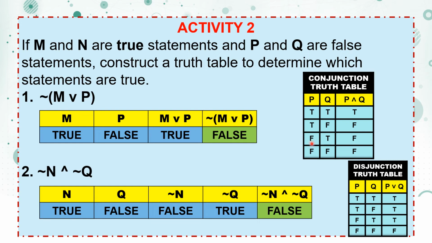And then, yung not Q natin is true. So, false, true. Ang sagot ay false. So, not N and not Q is a false statement.